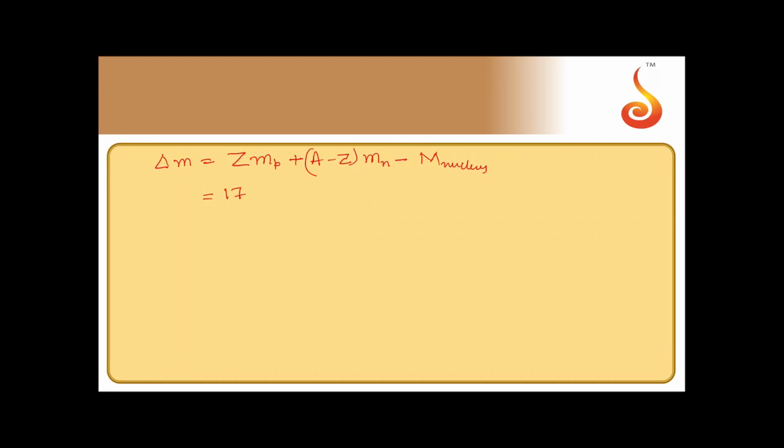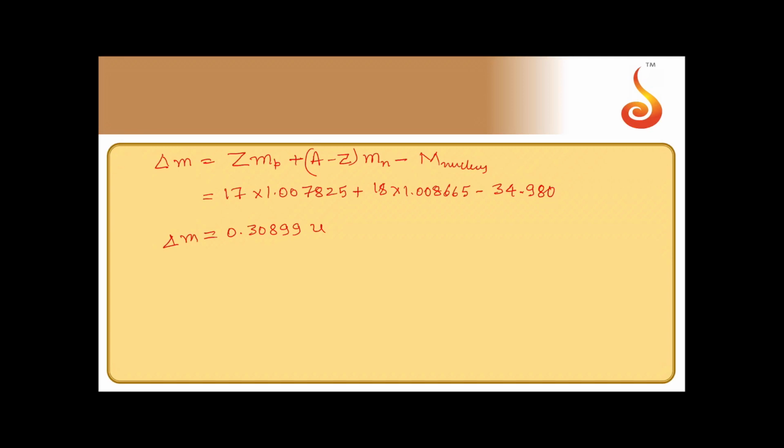So Z is 17 into 1.007825 plus, A minus Z is 18 into 1.008665 minus this they have given 34.980. So just calculate this. So you will get it to be 0.30899 atomic mass unit. Delta M is this.